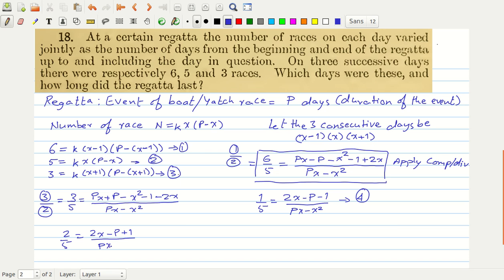I hope so far it is clear what I am doing. So let us call this equation number 5, right. Now we have equation number 4 and we have equation number 5.